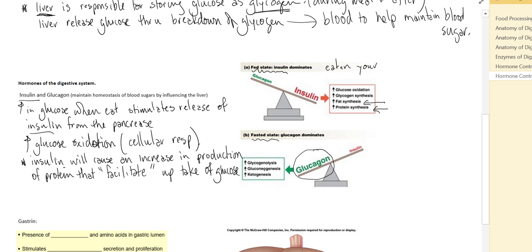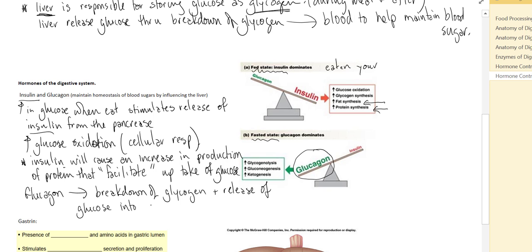Rather than taking up glucose and storing it in the form of glycogen, glucagon stimulates the breakdown of glycogen and release of glucose into the bloodstream, thereby restoring blood sugar levels back to normal and homeostatic conditions during the fasted period.